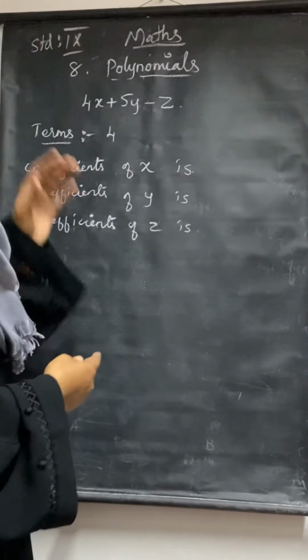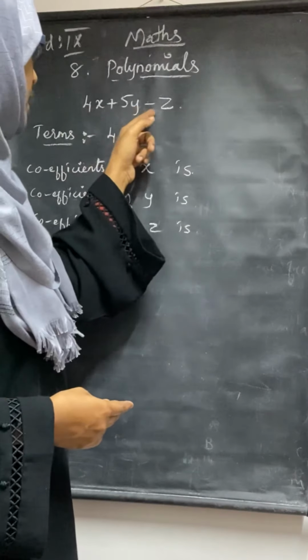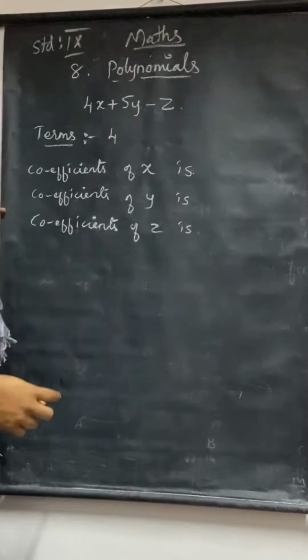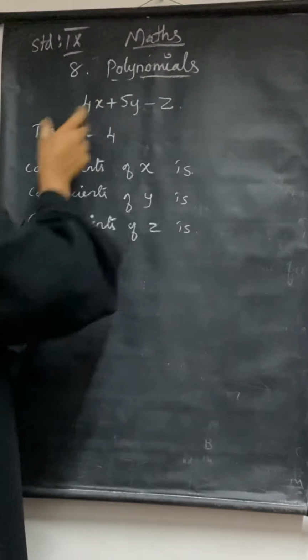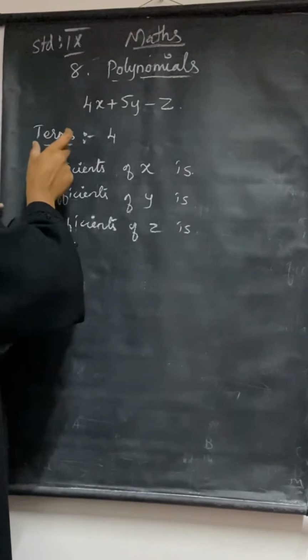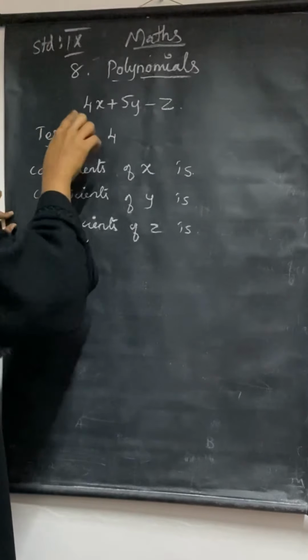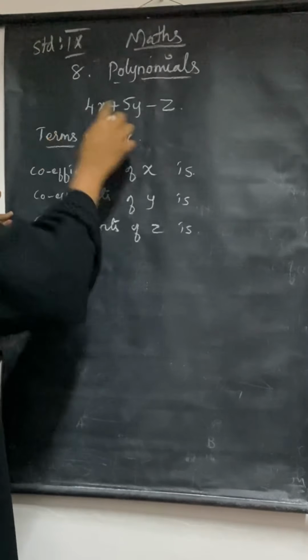For example, if we take one algebra expression, 4x plus 5y minus z. So this is the example, 4x plus 5y minus z. In this we are going to see many things. First we are going to see the terms. What are the terms in this expression? The first term is 4x.